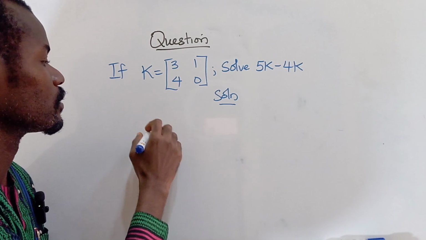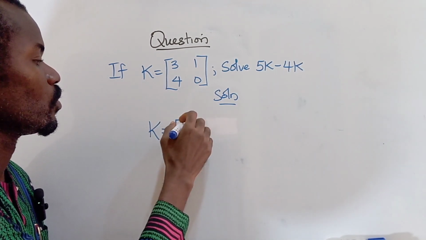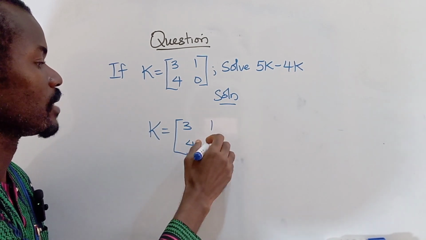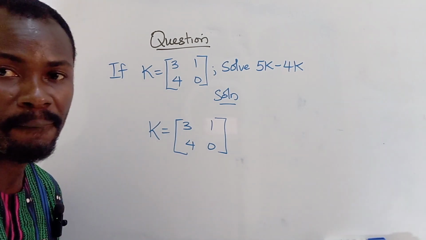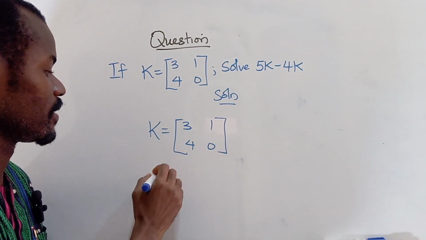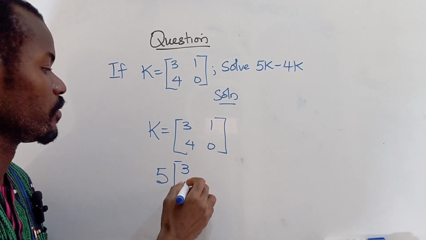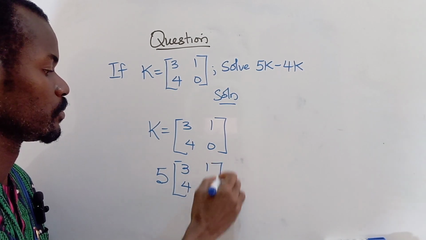Now for scalar products, K is equal to 3, 1, 4, and 0. If we say 5K, it simply means 5 multiplied by K, which is 3, 4, 1, and 0.